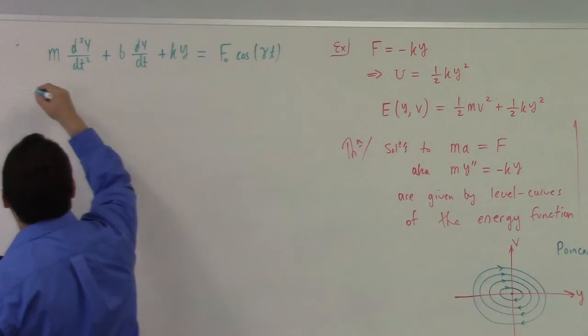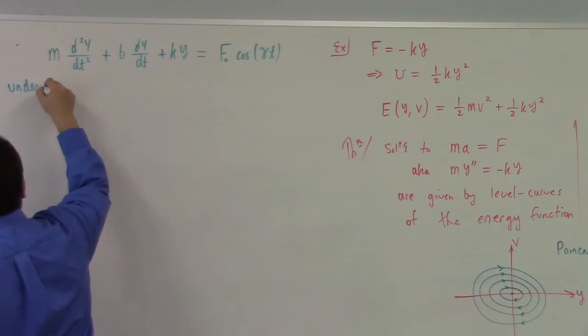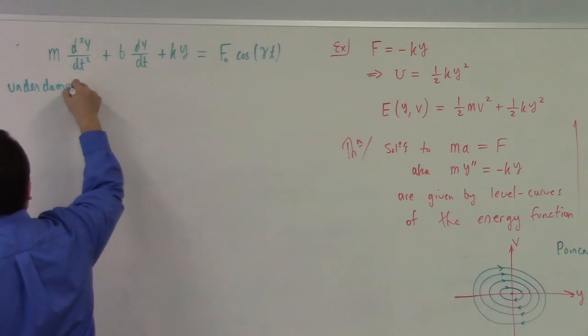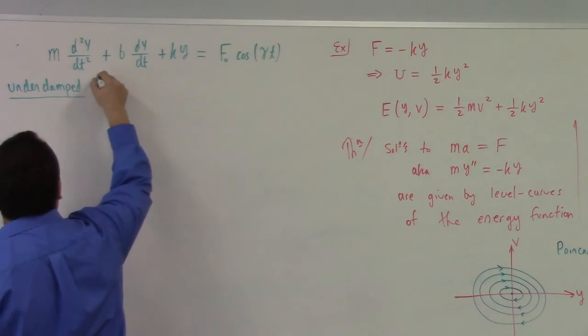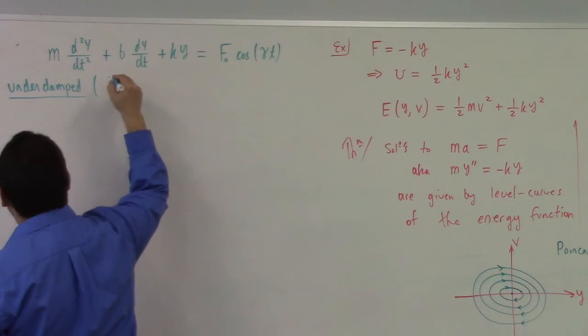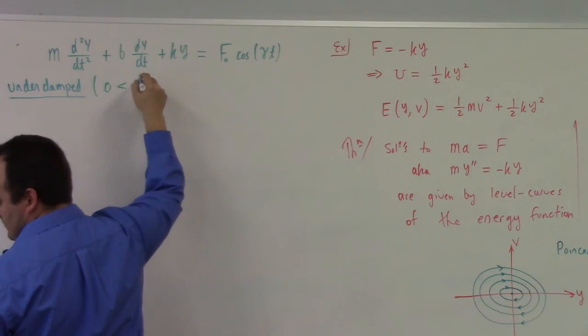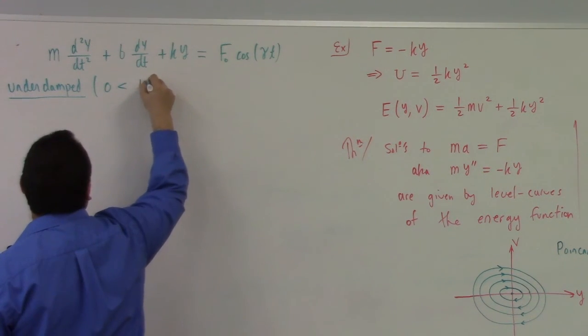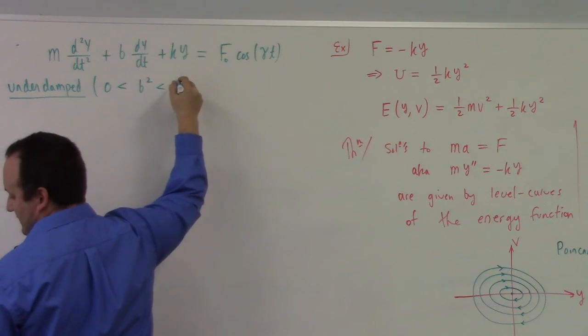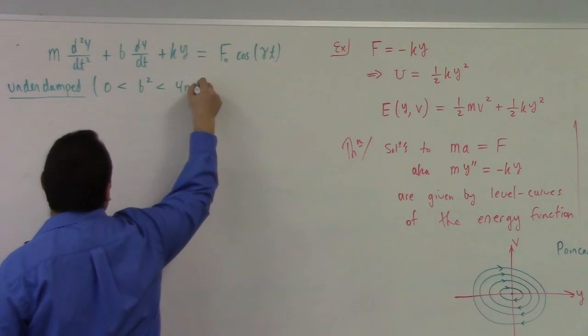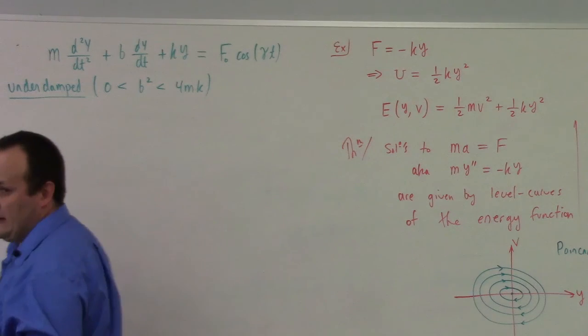And we're assuming the underdamped case. Maybe next time I'll talk to you about the terminology here. But 0 less than b squared less than 4mk. So basically there's underdamped, there's overdamped, there's critically damped.